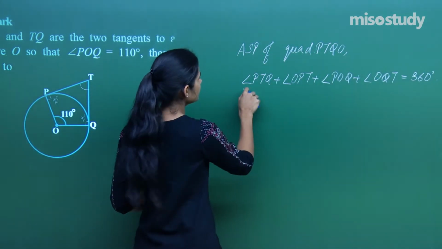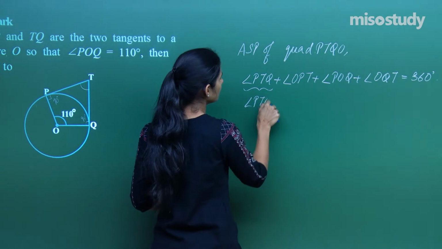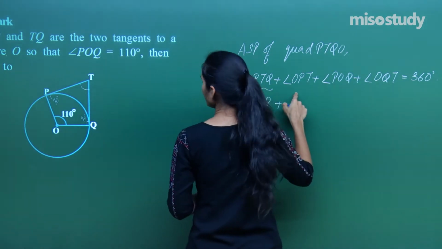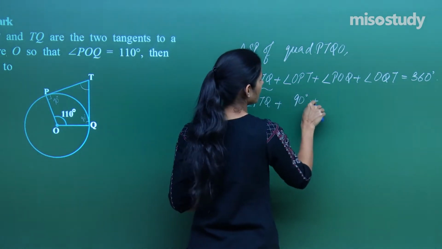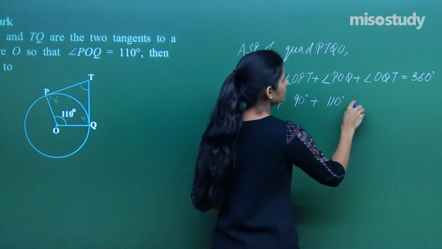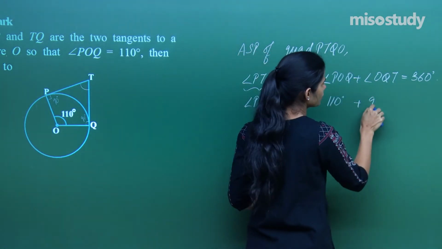Clear? Out of this you don't know PTQ. OPT is 90, POQ is given as 110, and this is also 90.